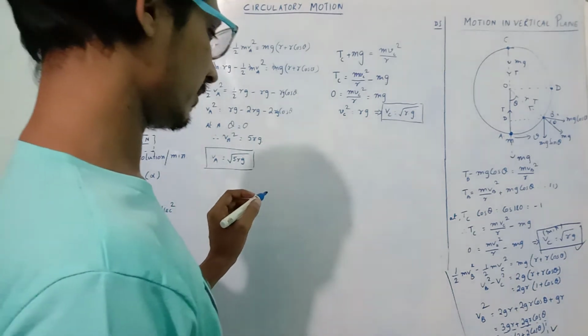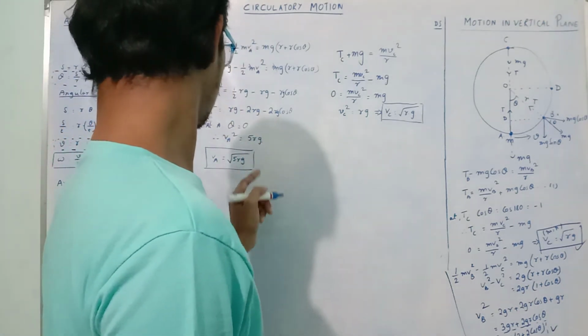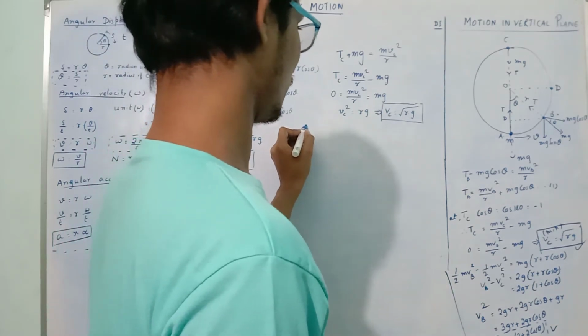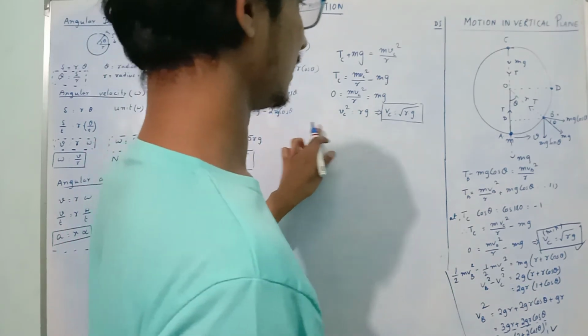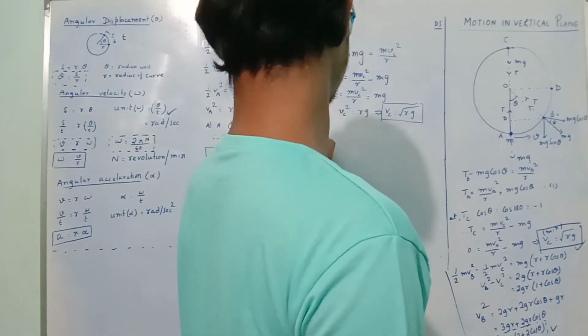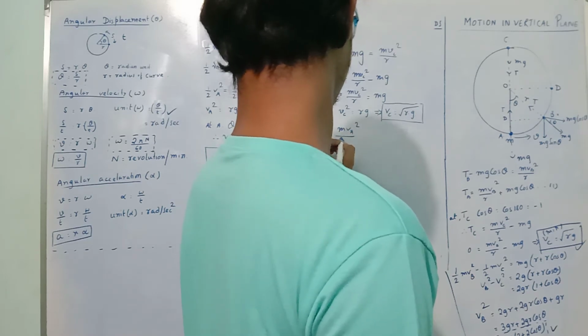And what will be the tension at A? In that case, T minus mg equals mva square by r.